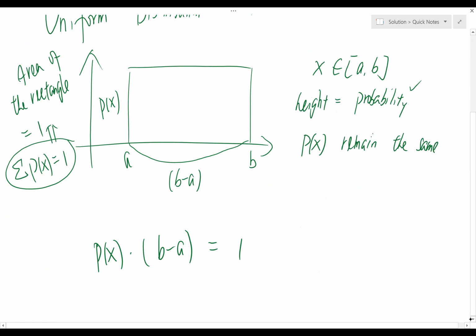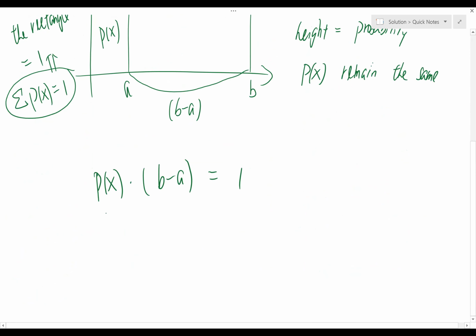Then we can express the probability in terms of A and B by dividing both sides of the equation by B minus A. Then you cancel the common term on the left.